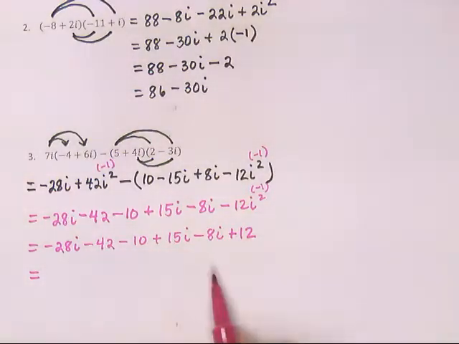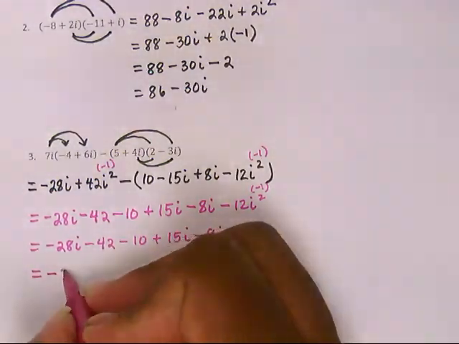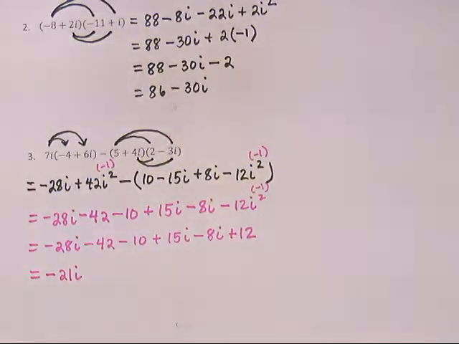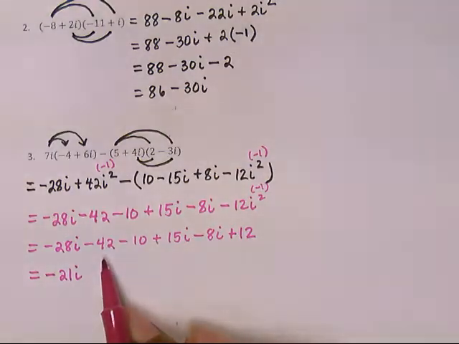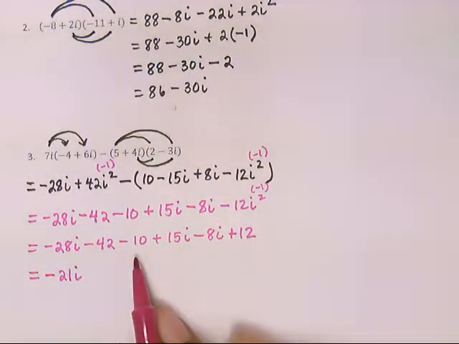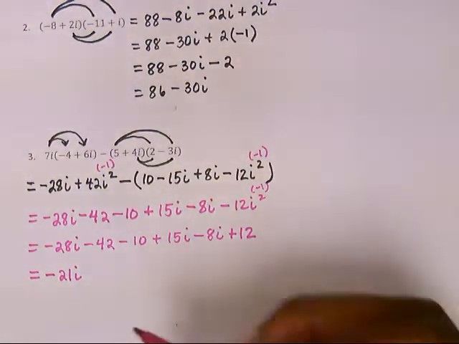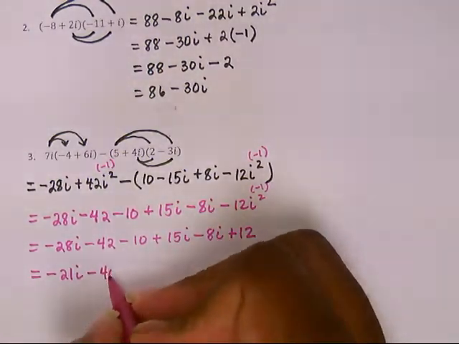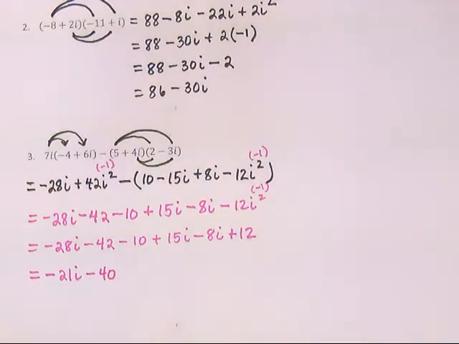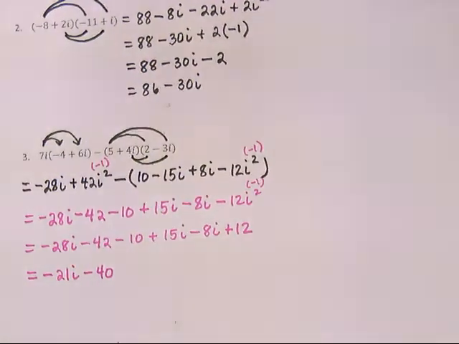Negative 13i minus 8i will be a negative 21i. And then negative 42 minus 10 will be a negative 52. Negative 52 plus 12 will be a minus 40. So this is negative 21i minus 40.